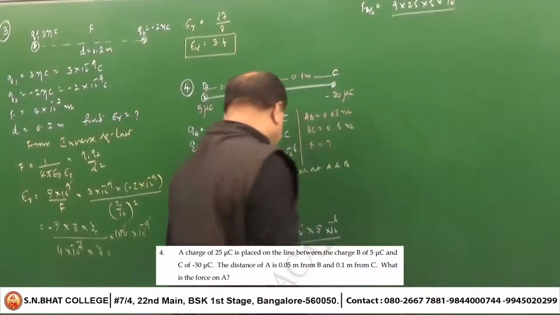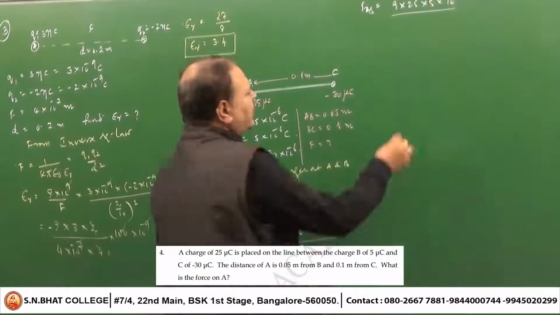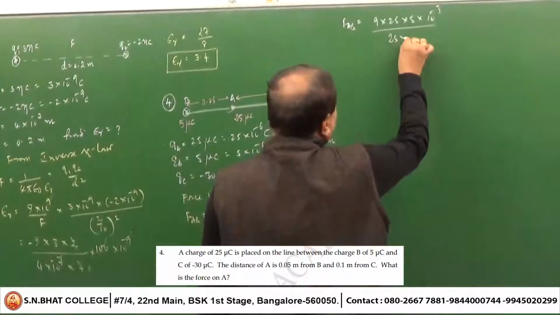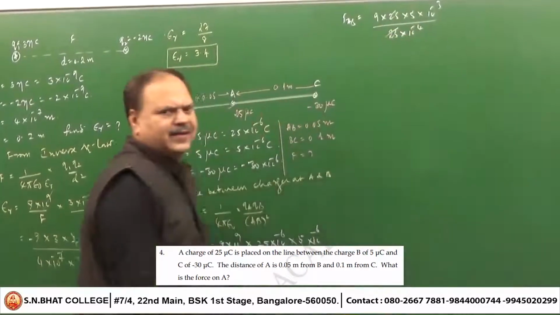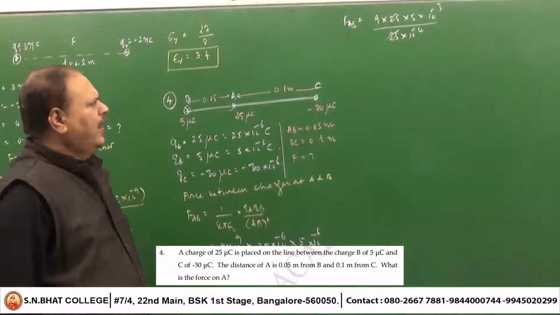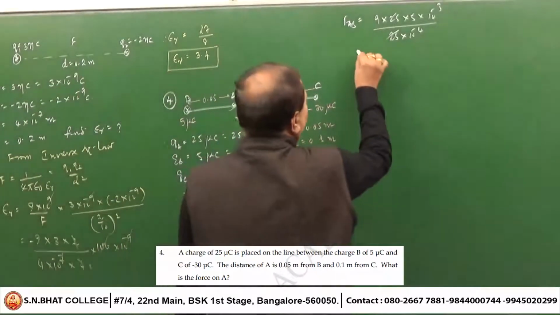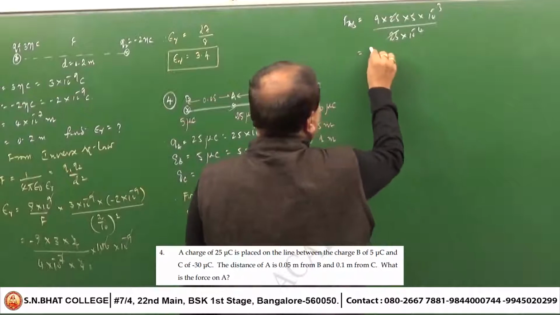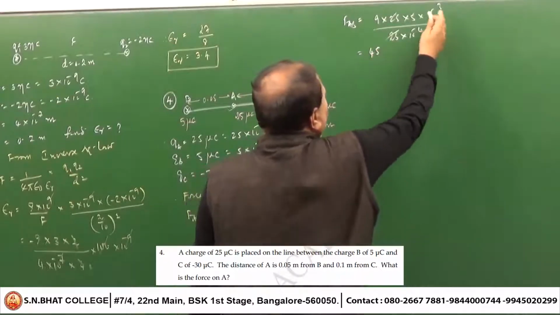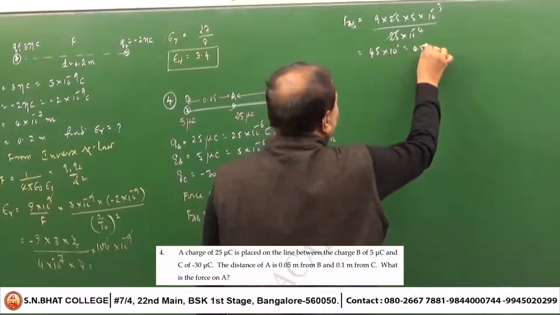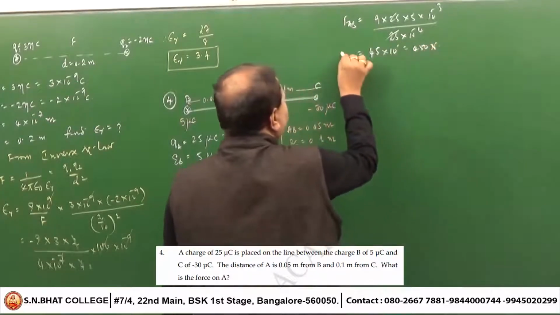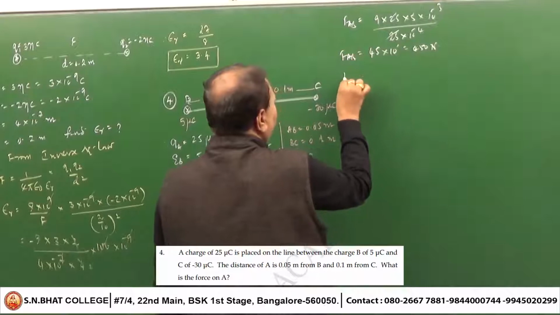In the denominator, 5 square is 25 into 10 to the power of minus 4. 25 gets cancelled. Now, 9 into 5 is equal to 45. Here you will get one more 10, and therefore it is equal to 450 Newton. That's all.